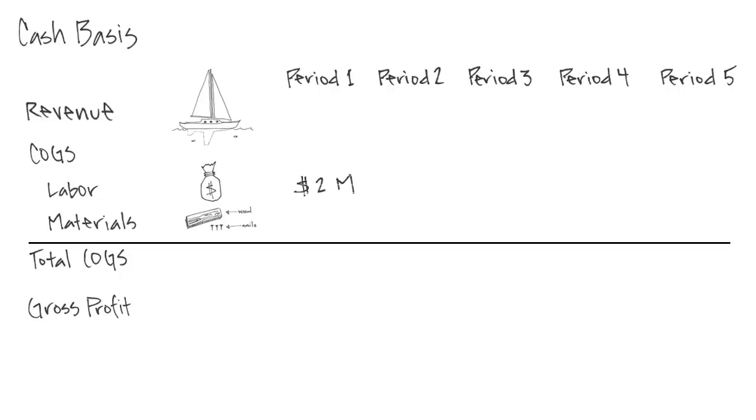If you make the boat in period 1 and spend $2 million on labor and $3 million on materials, for total cost of goods sold of $5 million, in that period you'll show a gross profit of negative $5 million. And then let's say that the sales cycle is very slow and you don't actually sell the boat until period 3. With the price of $10 million, in period 3 you'd show a gross profit of $10 million. Here, your period 1 income statement and your period 3 income statement clearly would not be very helpful in understanding your profitability.